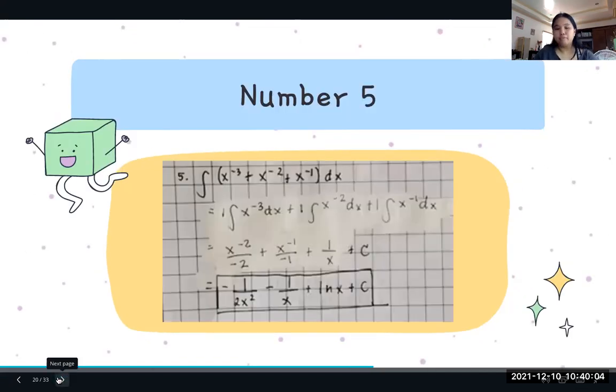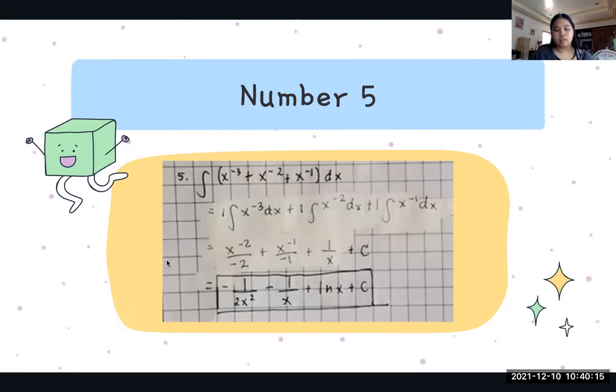So for number 5, we have the integral of x to the negative 3rd power plus x to the negative 2nd power plus x to the negative 1 power dx. And then again, all our constants here are 1, and we use theorem D to separate the terms.